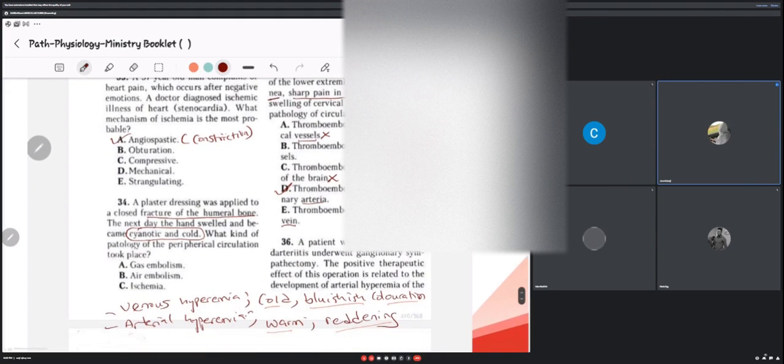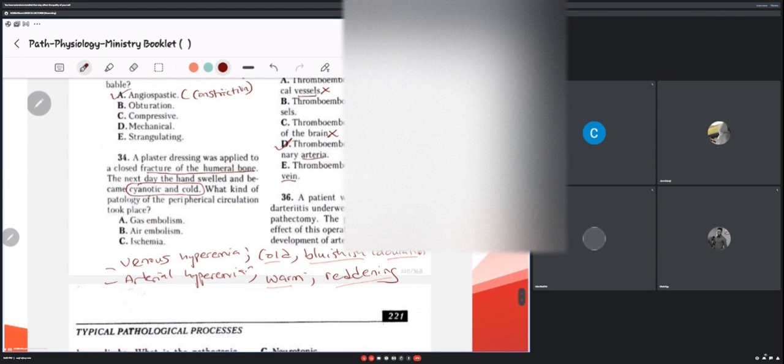Okay. A patient with obliterating arteritis underwent ganglionary sympathectomy. So this is removal of the sympathetic ganglion or sympathetic nerve, which has the ganglion in it. So that's ganglionary sympathectomy, removal of the nerve which conducts for the sympathetic ganglion.